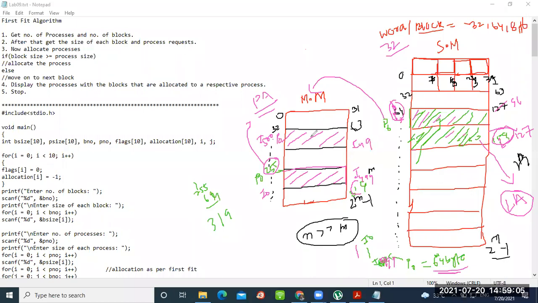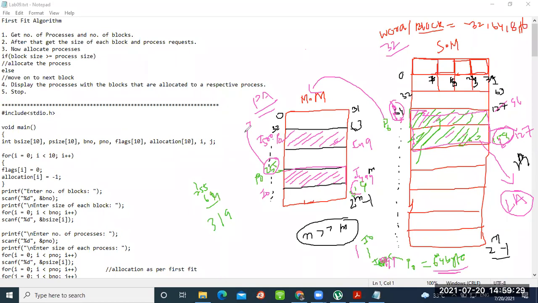Now this is a non-continuous allocation. That means process P0, which is stored in secondary memory, when shifted to primary memory, is stored in a non-continuous fashion, in a partial manner. Partial programs are stored at one place and the other partial programs at another place.